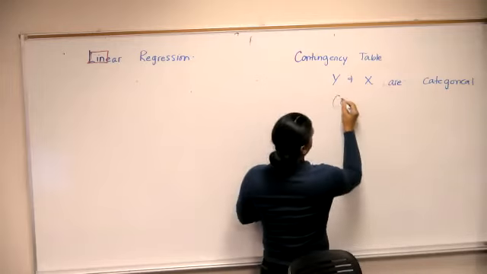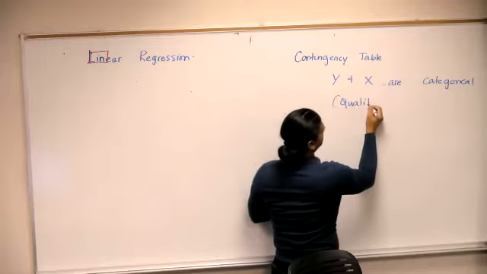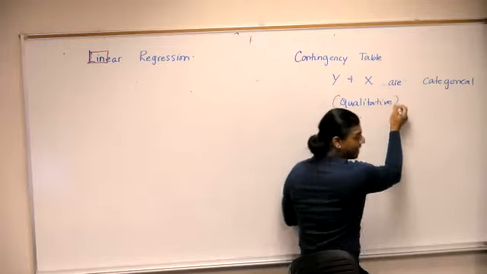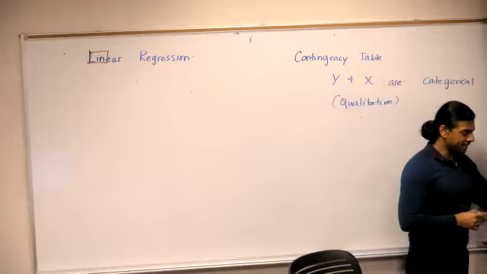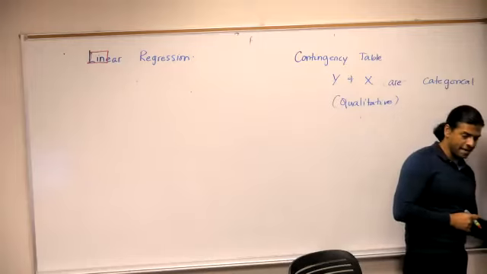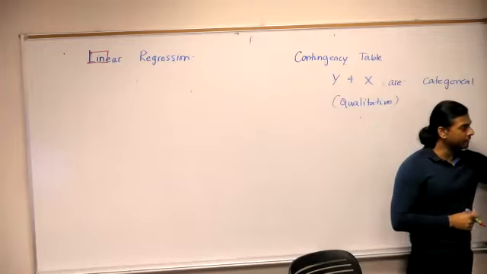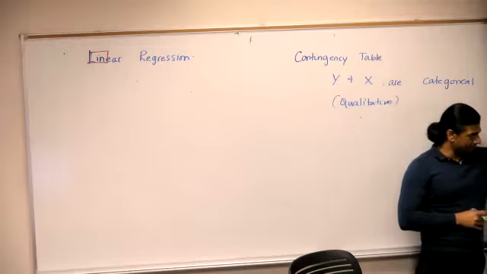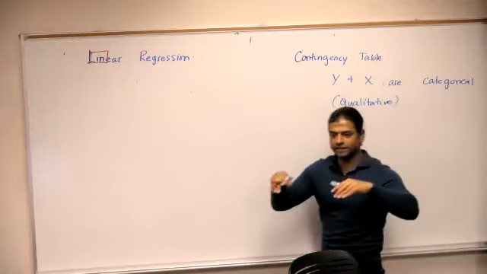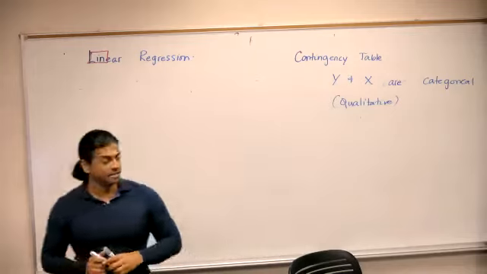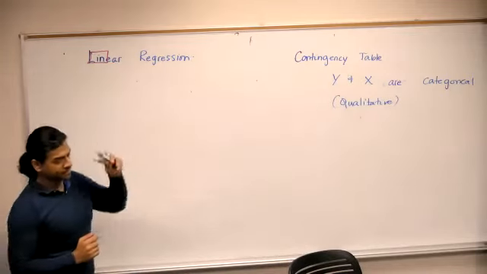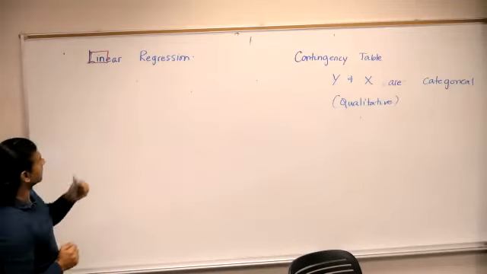Categorical or qualitative, in the sense, good example, marital happiness. We measured it as happy, not happy, very happy. General happiness, not happy, very happy, happy. So those are all qualities or attributes. So those are categorical data variables.